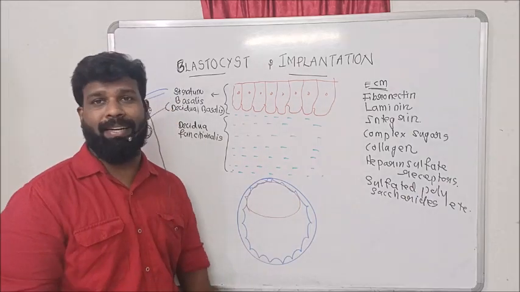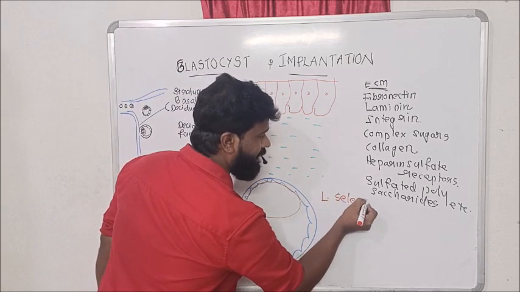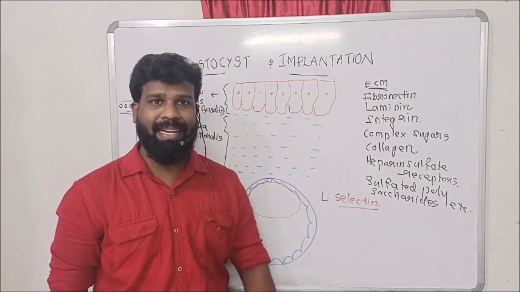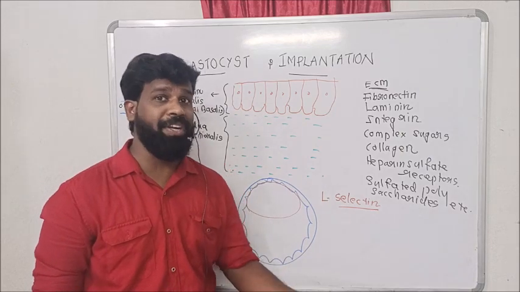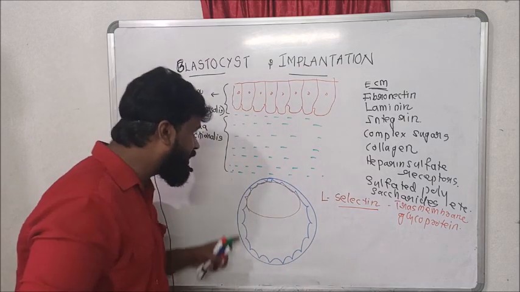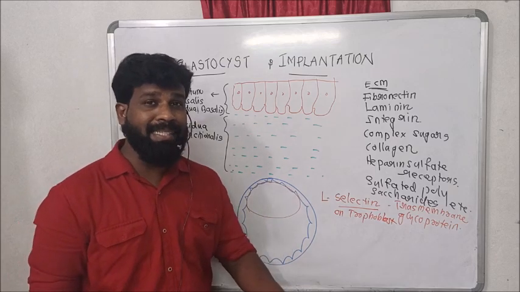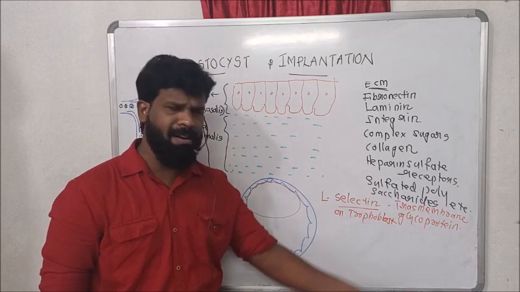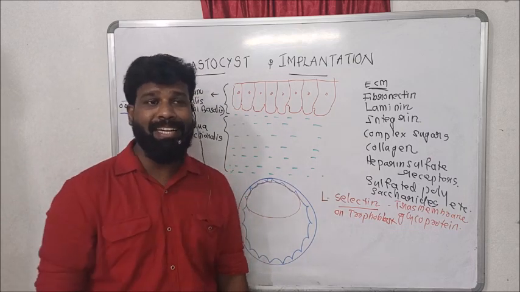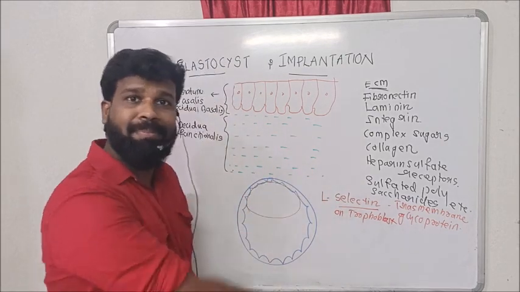For implantation, L-selectin, a transmembrane glycoprotein on the trophoblast, binds to the sulfated polysaccharide of the endometrium.